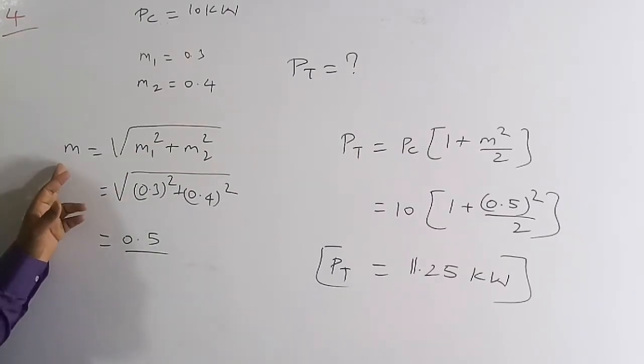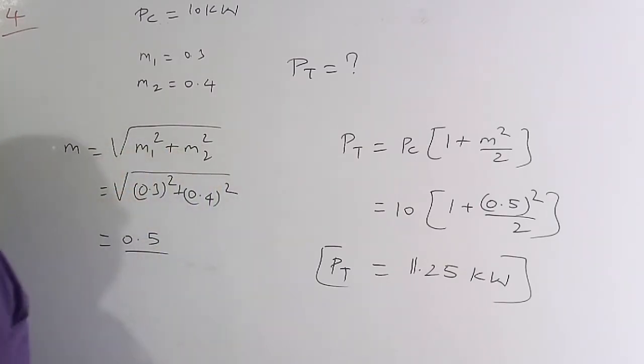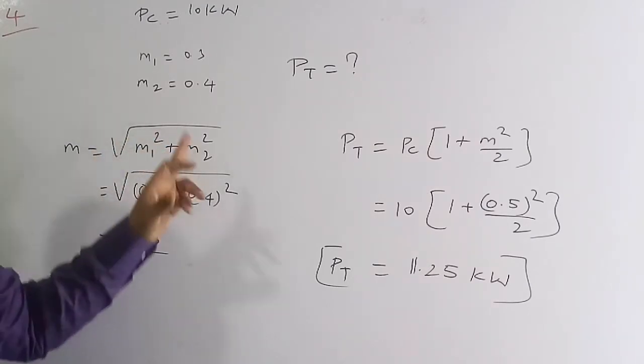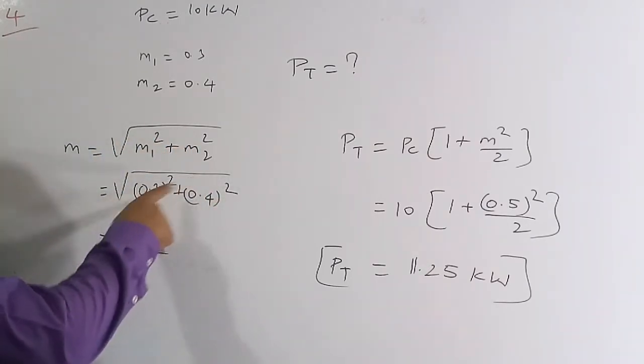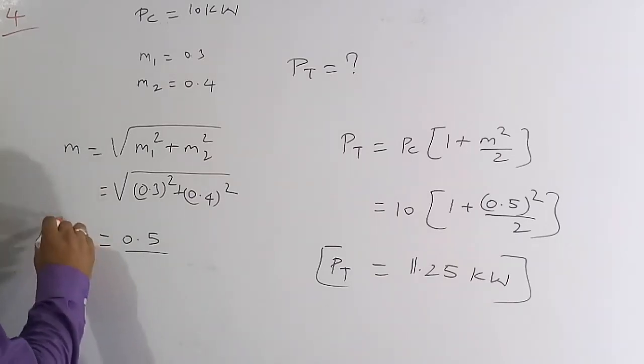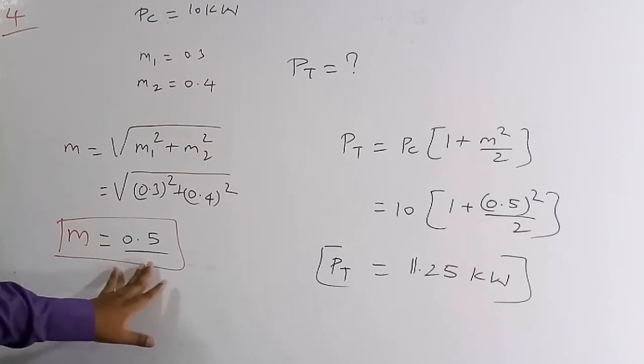To calculate the net modulation index, first we square the individual modulation indices, then sum them, and then take the root. So under root of 0.3 whole square plus 0.4 whole square. If you solve this, we get the net modulation index, m, equal to 0.5.